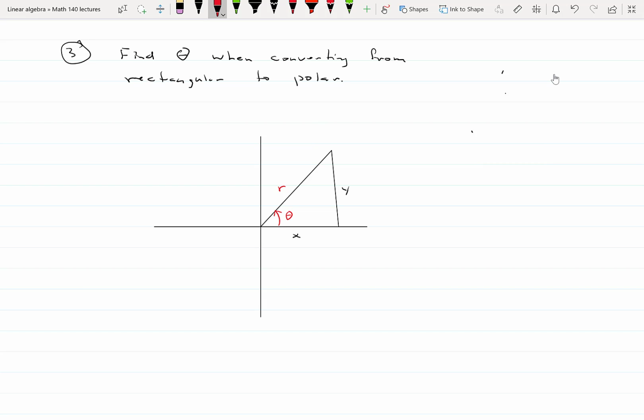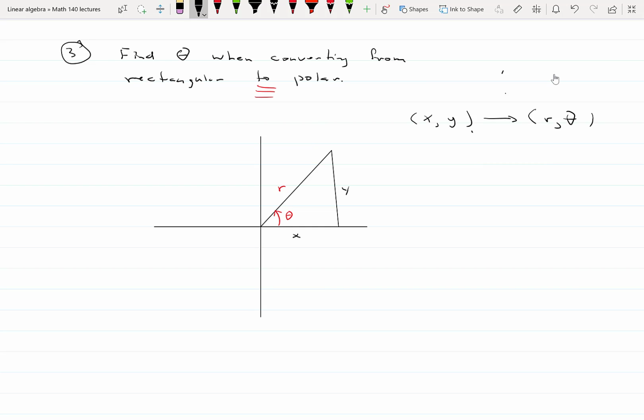Okay, so if I want to convert to polar, that means I want to take x and y and convert to r and theta. So I need equations. If I want r and theta, I need something that's going to say r equals and theta equals.